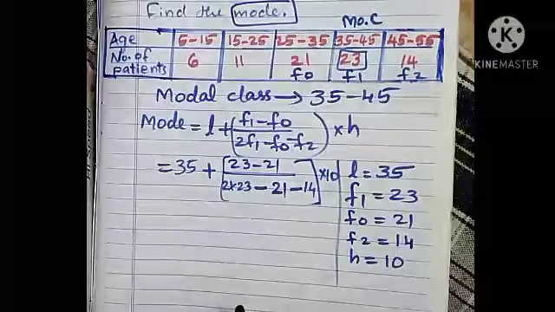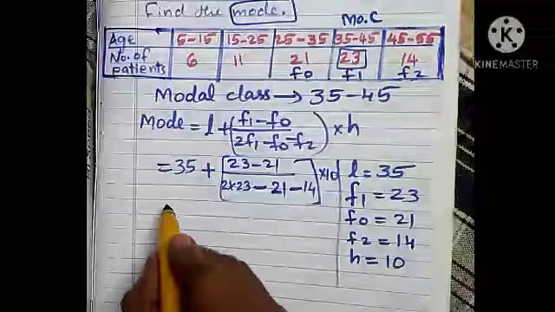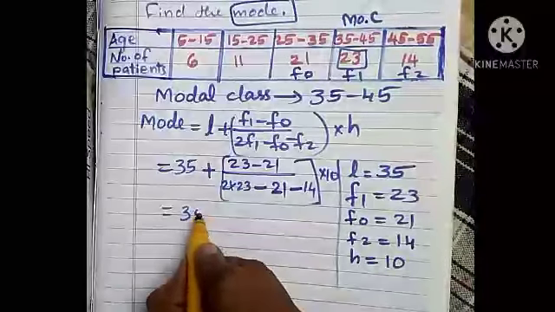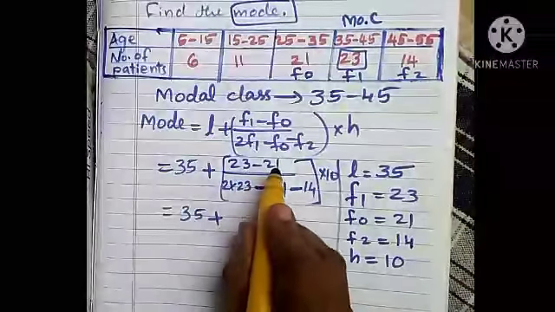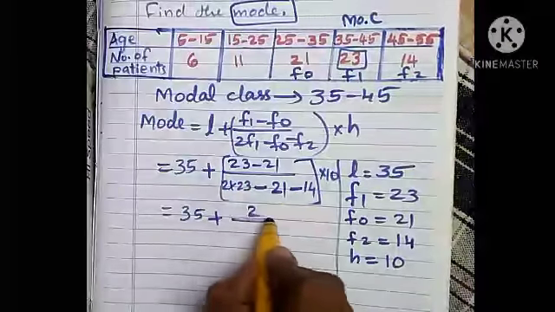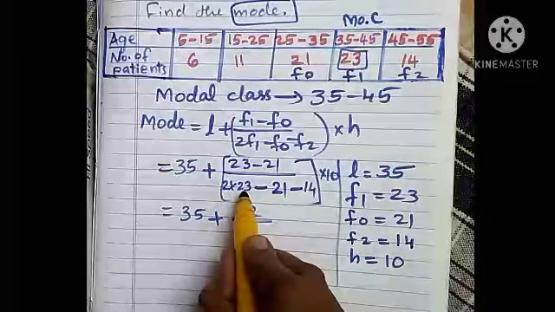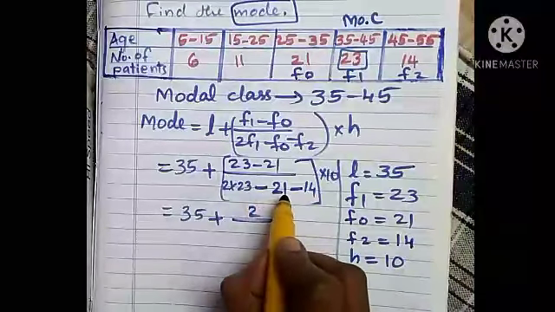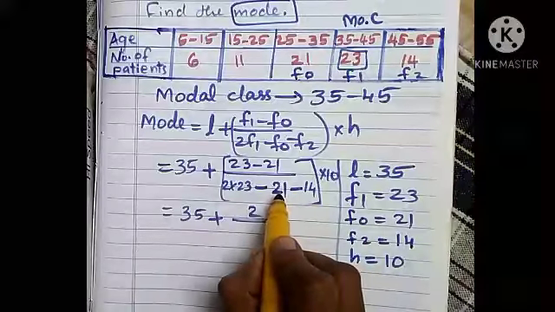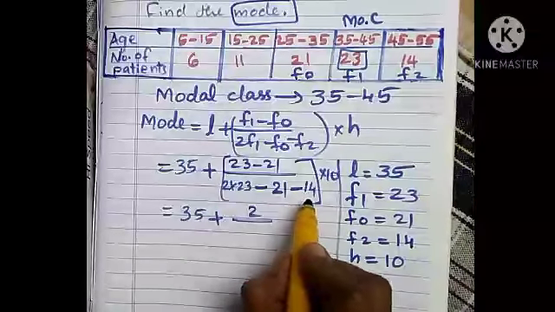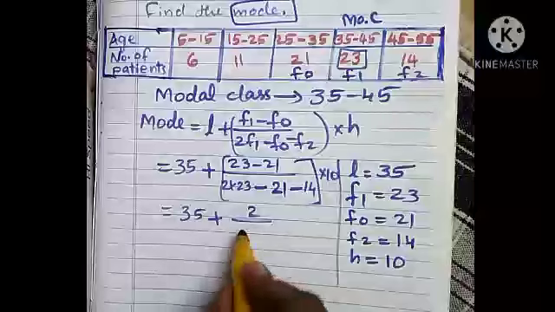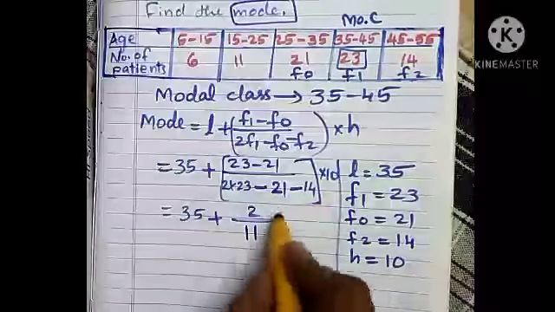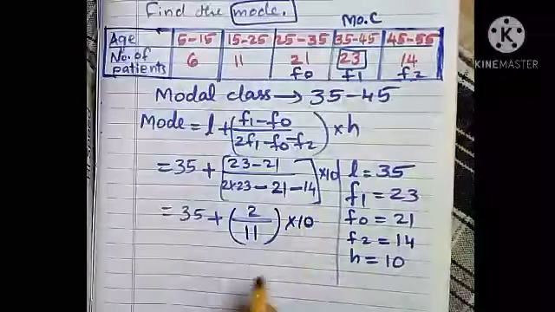Understand? Any confusion? Now, that is equal to 35 plus, what is 23 minus 21? 2, by, now 2 into 23, 46. 46 minus 21, it is 25. 25 minus 14, it is 11. So 2 by 11, then into 10.